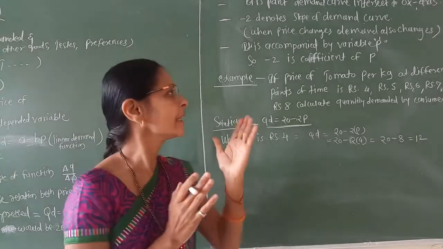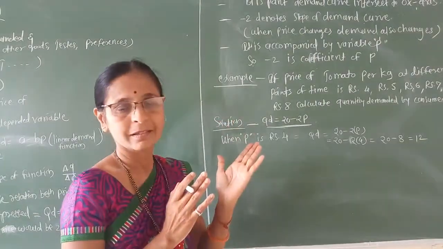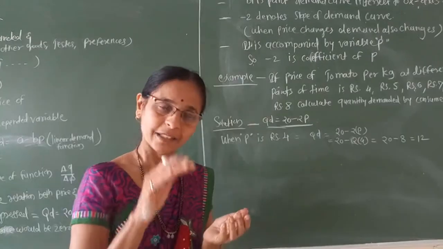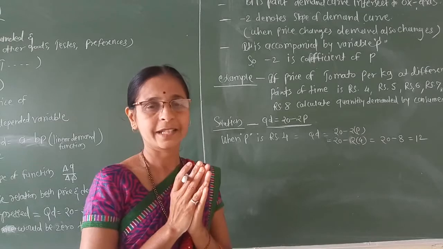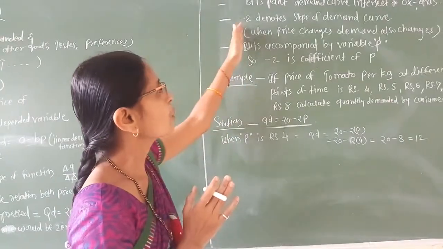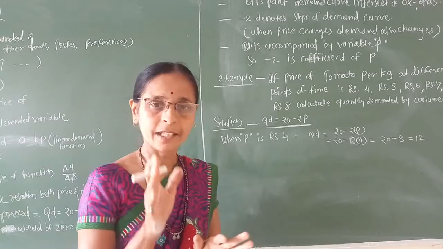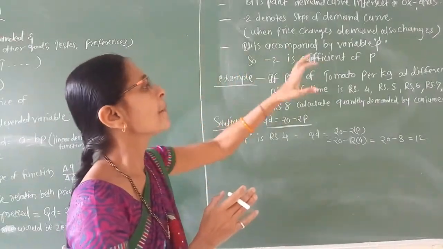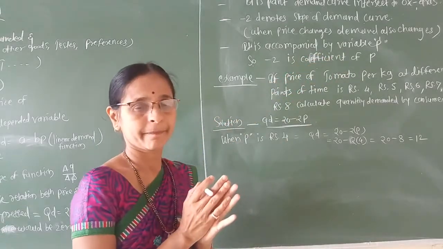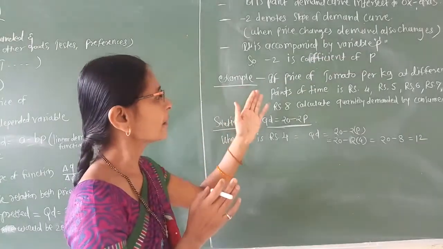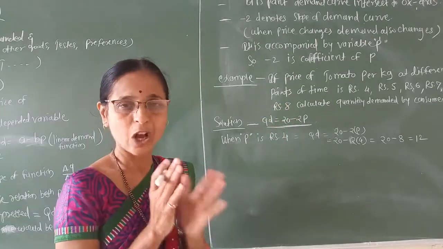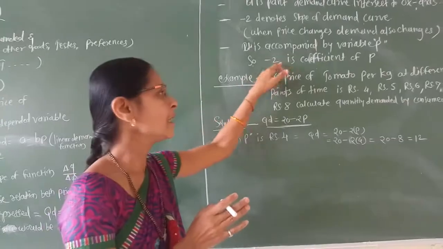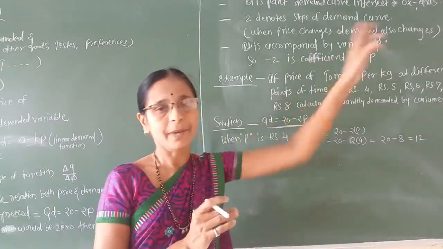Because when the price of the commodity increases, demand decreases. The minus 2 is accompanied by the variable P, the price of the commodity, so minus 2 is the coefficient of the price.